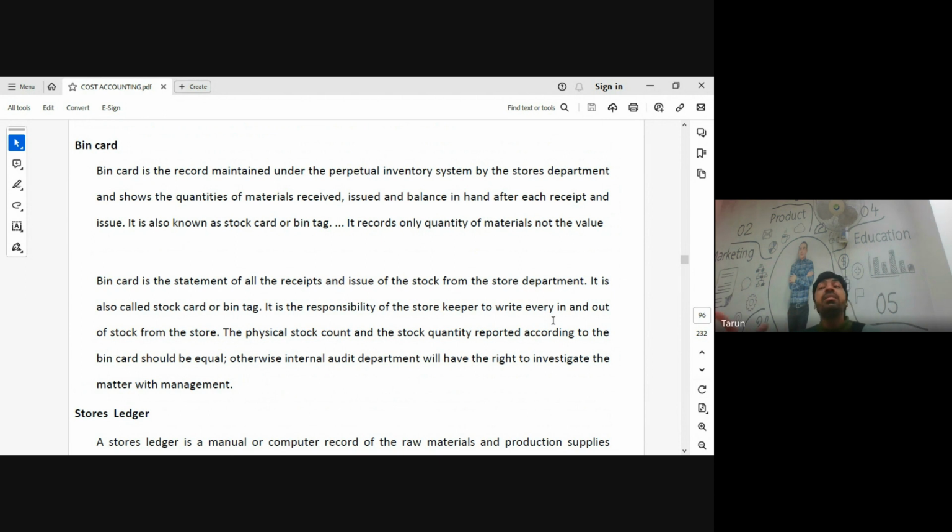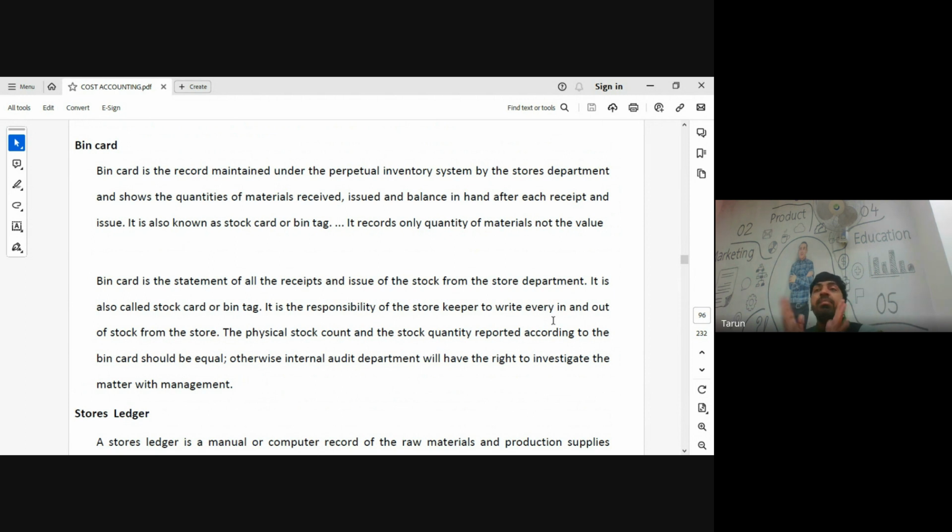In other words, it's called the stock card. A stock card means having a record of all the materials received, issued, and whatever balance is left, or the closing balance of the materials. That card is called a bin card. In other words, we call it a stock card or a bin tag.